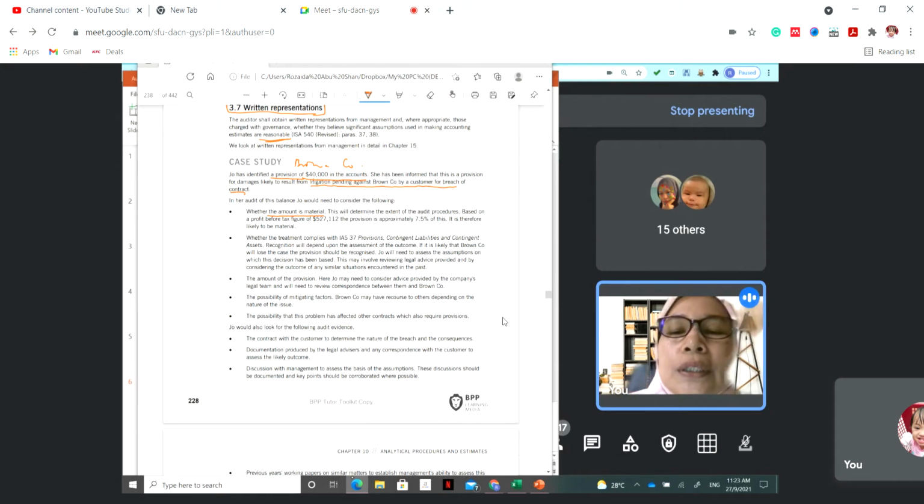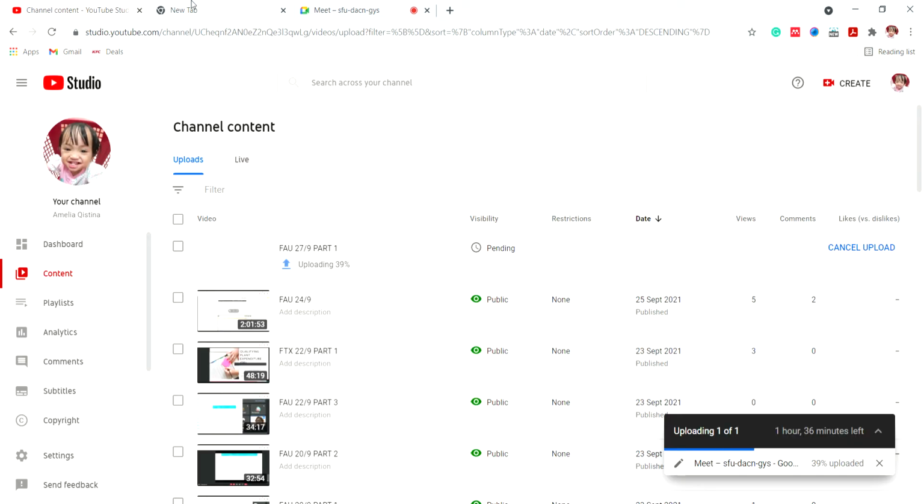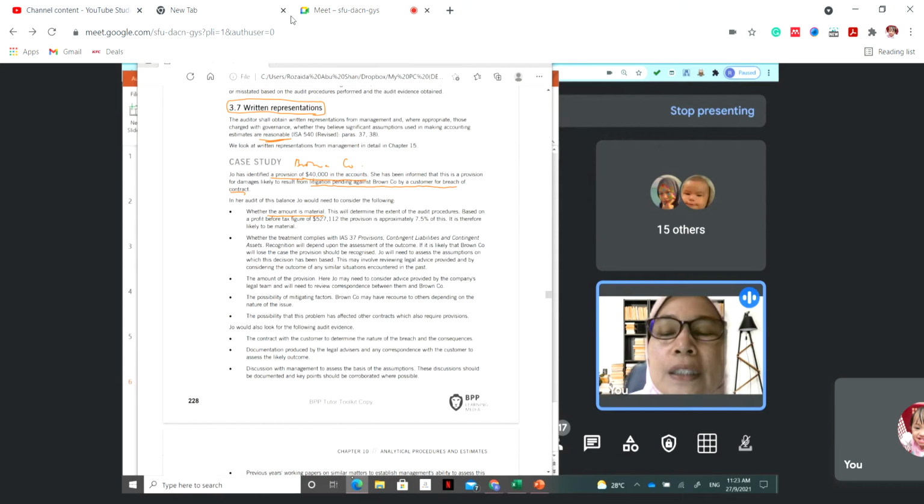Since this is a provision, it will affect the expense items. It is included under the provision for litigation in expenses.